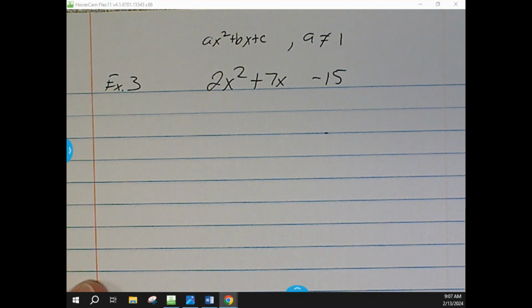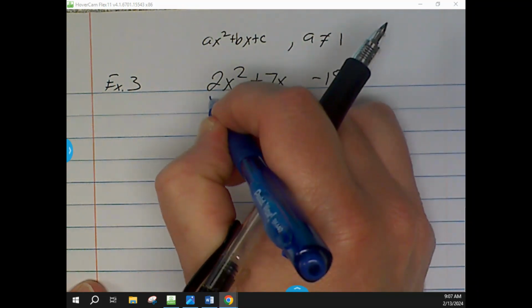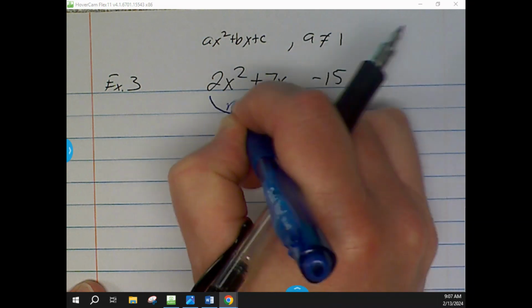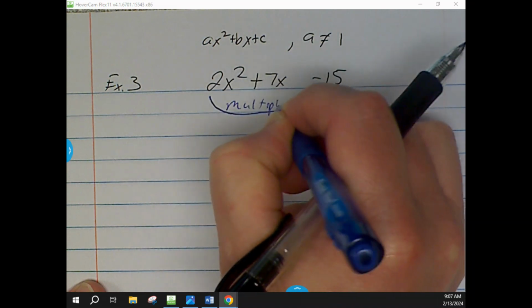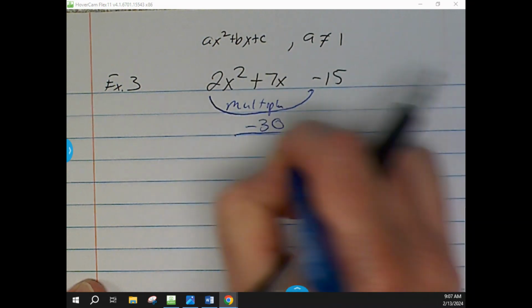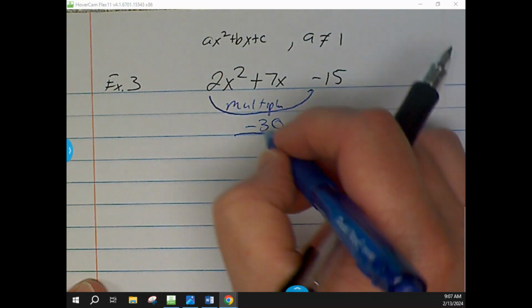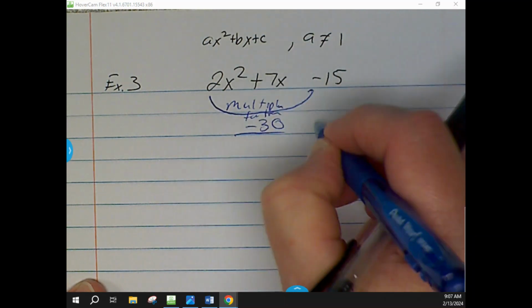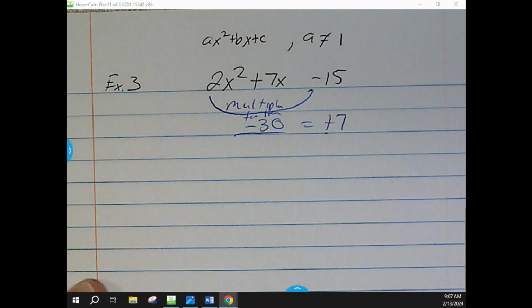Okay, again, no greatest common factor. So the very first thing we do is multiply 2 times negative 15 and make that a negative 30. So we need the factors of negative 30 where the sum is going to equal positive 7.